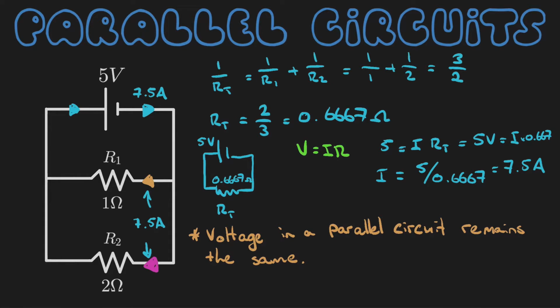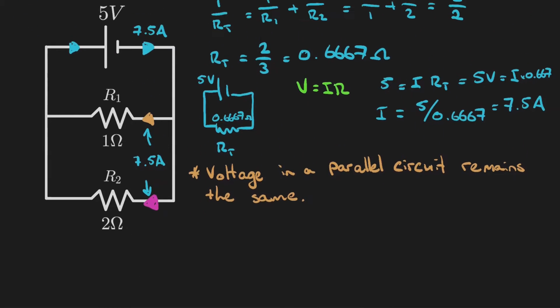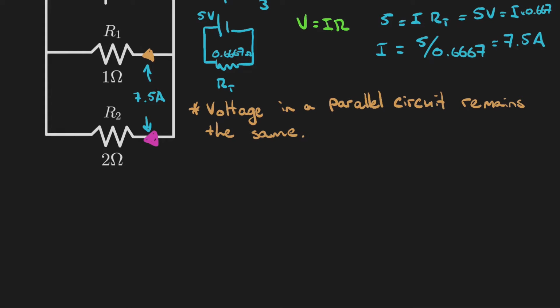So it's the same thing. We use Ohm's law. I'll scroll down a little bit. So if we go back to Ohm's law again, so if we want to find the current in R1, if we rearrange Ohm's law, we'll have the voltage divided by R1. And the same goes for the current in R2.